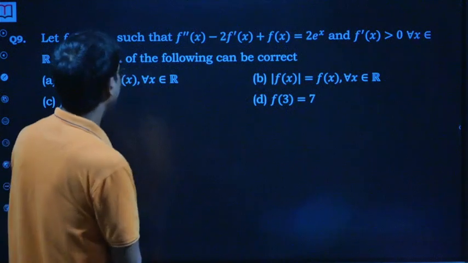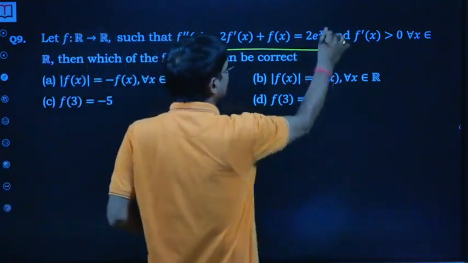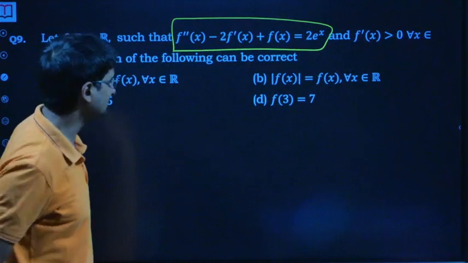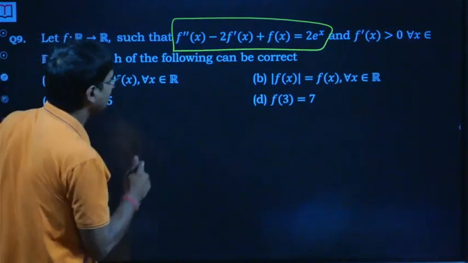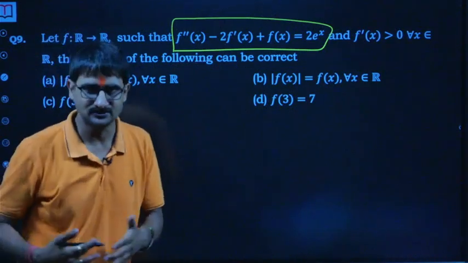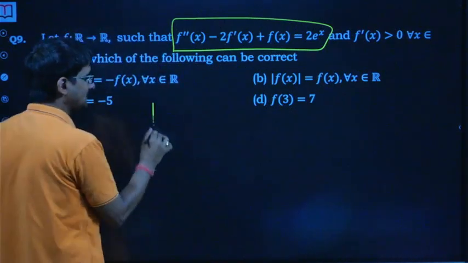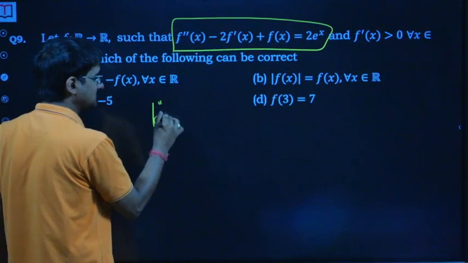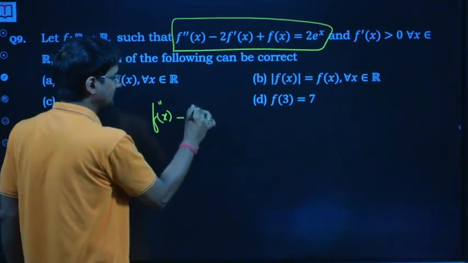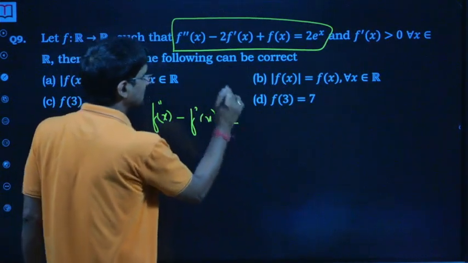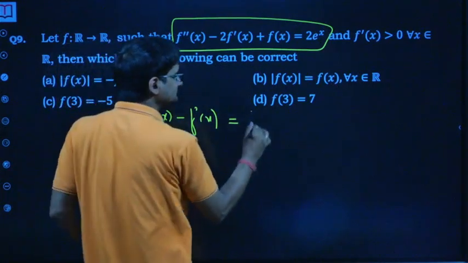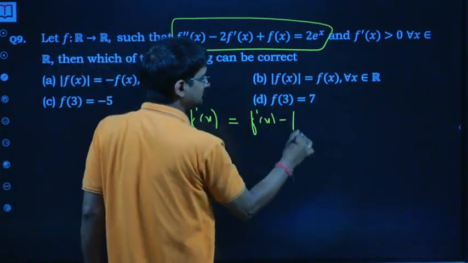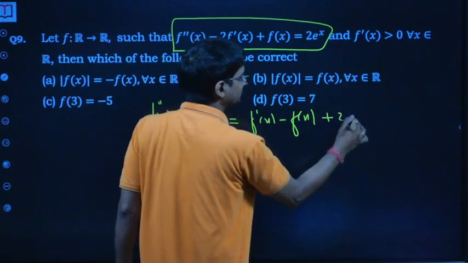The next one is such that, because I spent some time solving this question, f dash x is positive, which of the following. So see what things I tried. First I tried to write it as f double dash x minus... I take f(x) and f dash x to that side: f double dash x minus f dash x plus f(x) equals 2 e raised to the power x.